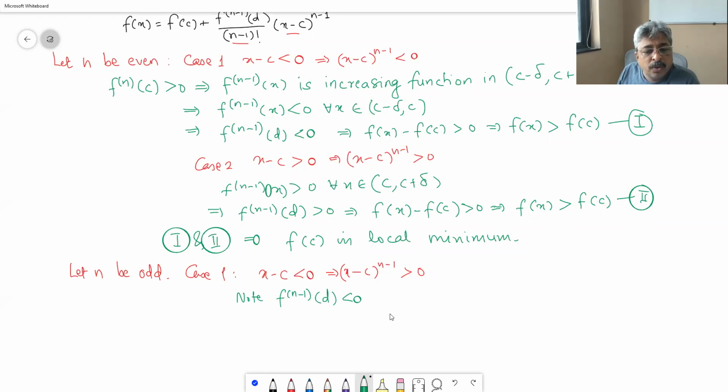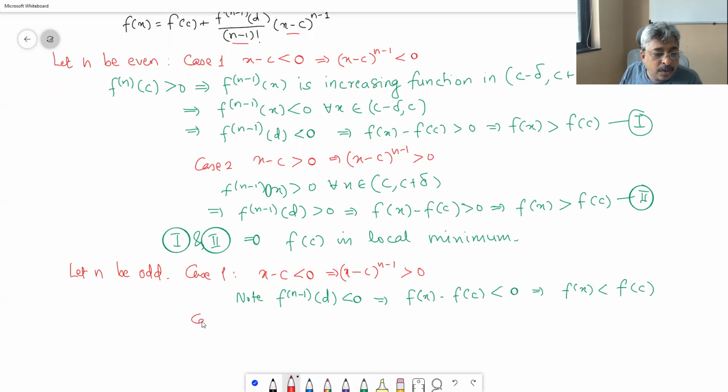So this implies f of x minus f of c is negative multiplied by positive, therefore is less than 0. Implies f of x is less than f of c.